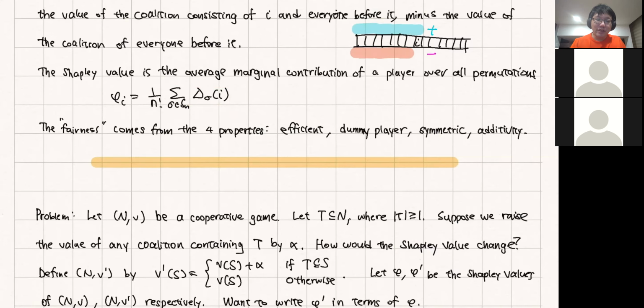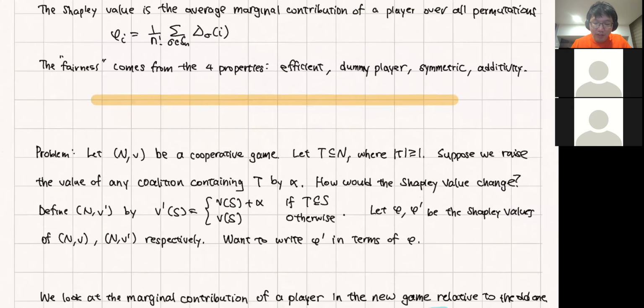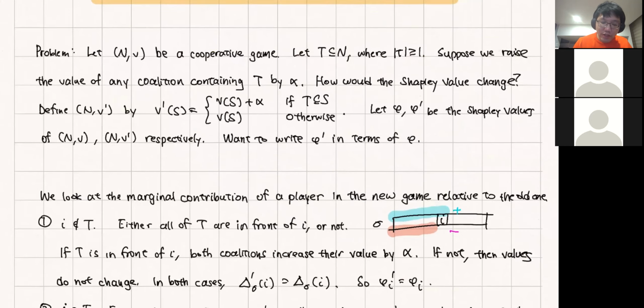So the total increase would be alpha times the number of permutations for which it increases. So this sum will increase by alpha times the number of permutations with this situation.